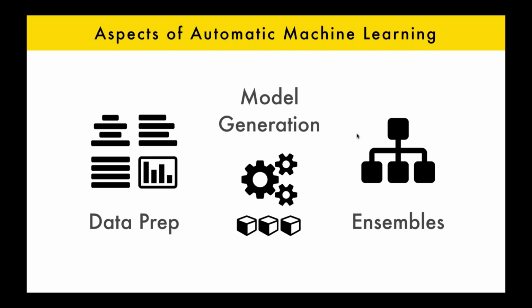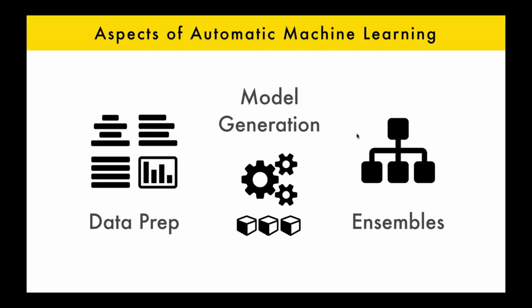For example, if you have categorical variables, some algorithms require you to do a one-hot encoding or other different types of encodings. If you have missing data, that's one thing that needs to be dealt with, and various other things. So we'll go into a little bit more detail about that in a minute.